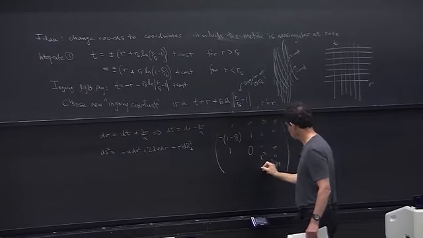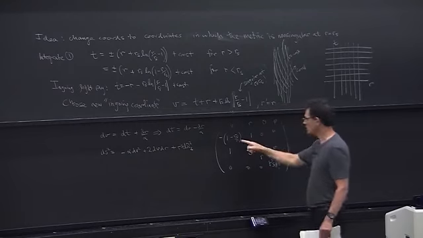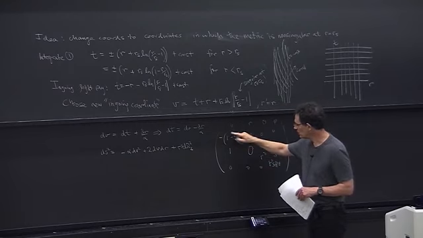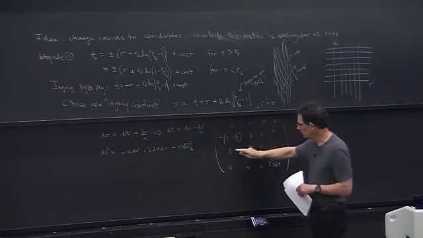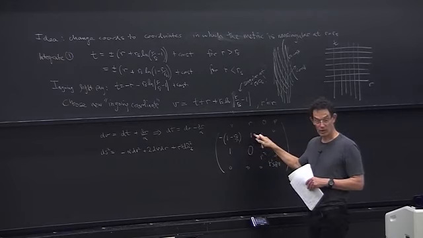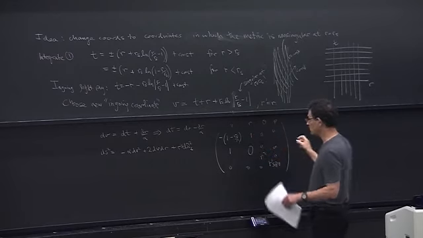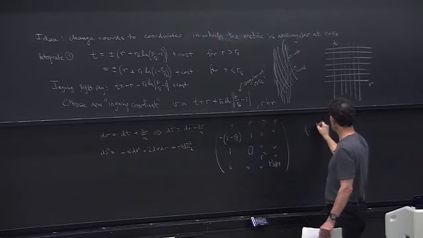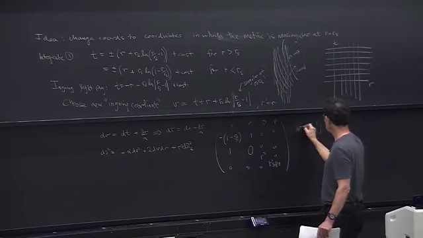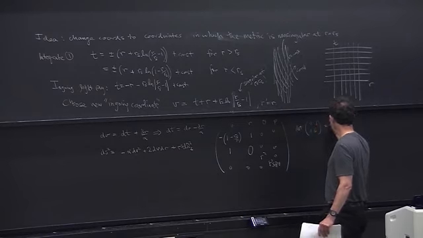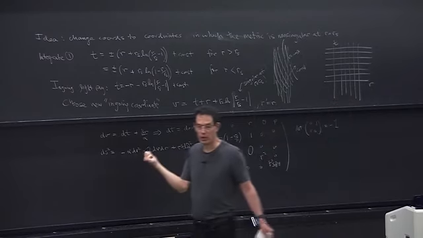But the important point is you notice if r goes to rs, this component is 0, that component is 0, but these two are non-zero. And that means the determinant is fine. Right? The determinant of this matrix is minus 1. And so that has one positive and one negative eigenvalue.